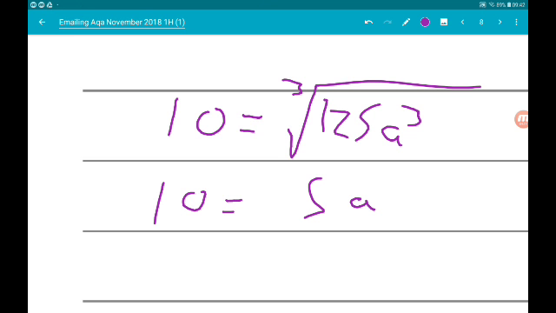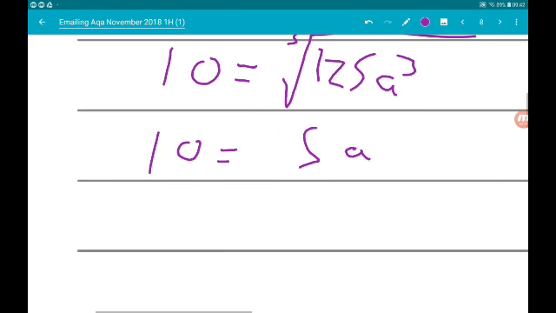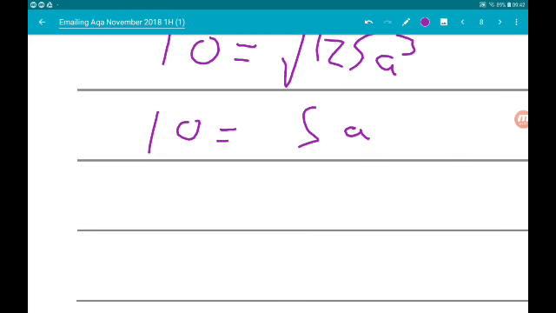When they're multiplying together though, we can do what we just did. So 5a is 10, divide by 5, 2 is equal to a is equal to 2. Cool.